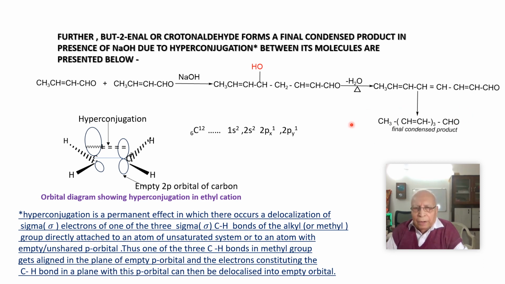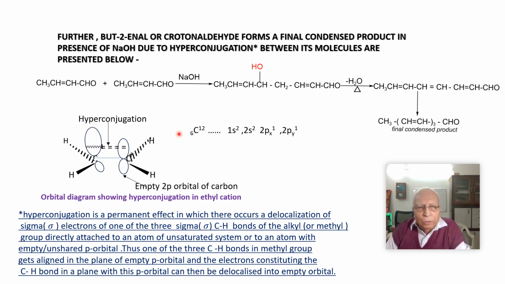It is abbreviated as CH3 (CH=CH)3 CHO. The final condensation product is obtained through hyperconjugation. Of course, this reaction takes place in the presence of sodium hydroxide. Now, we need to know what is hyperconjugation.